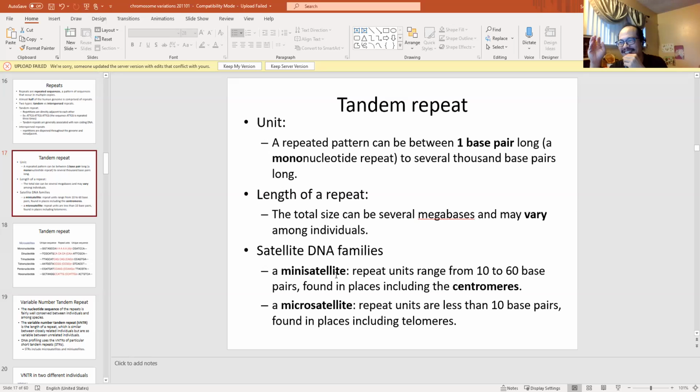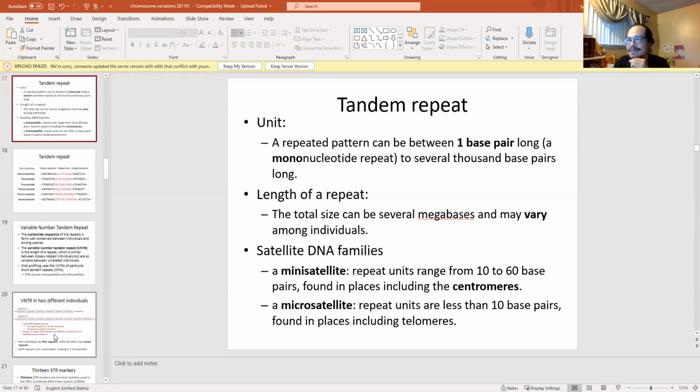Their sequence is the same across human beings, but the lengths are different. And we can use this length, which in the term is called the variable number tandem repeats, VNTR.